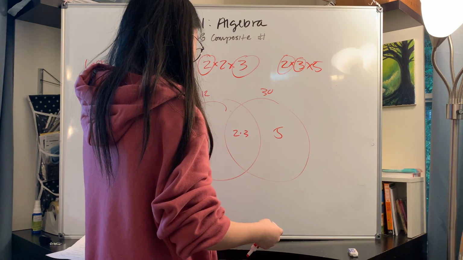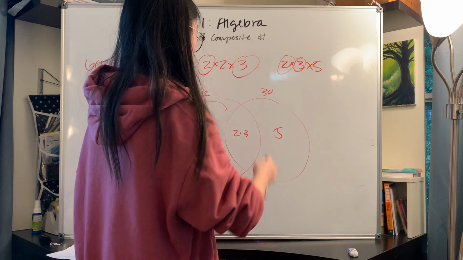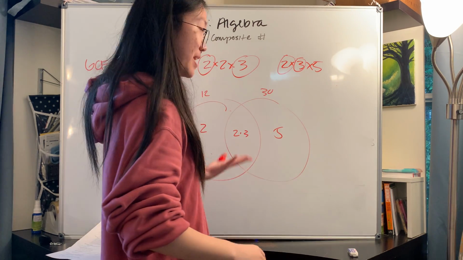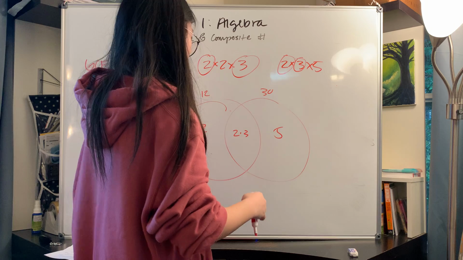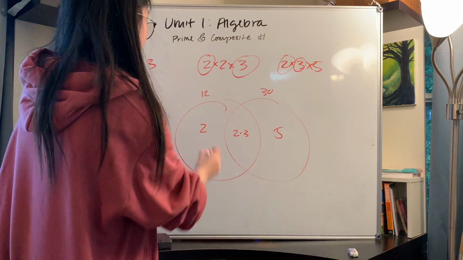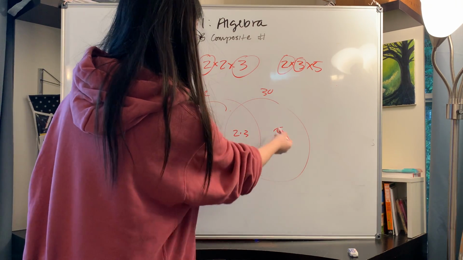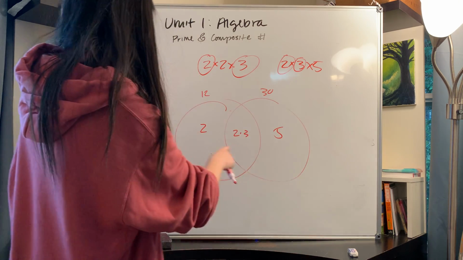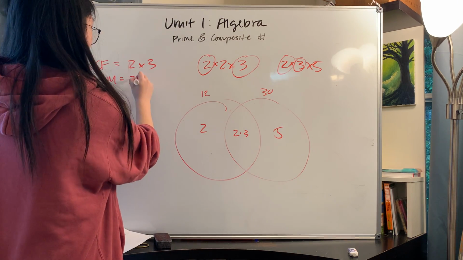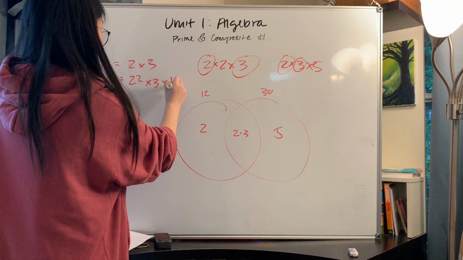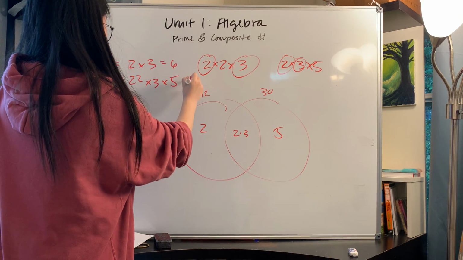But we also have to multiply an additional 2 and an additional 5 to make sure that the number is divisible by both 12 and 30. So we have 2 times 2, which is 4, times 5, 20, times 3, 60. So we have 2 squared times 3 times 5, which is equal to 60.